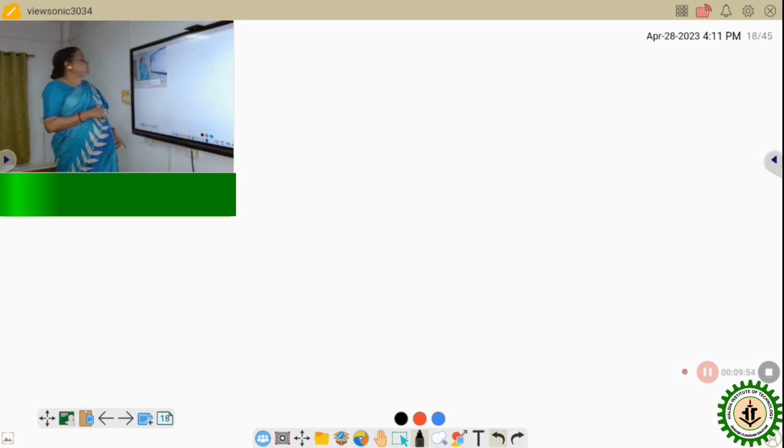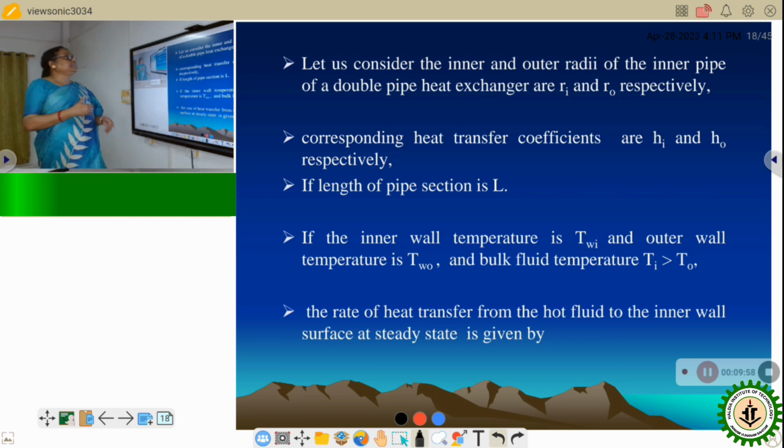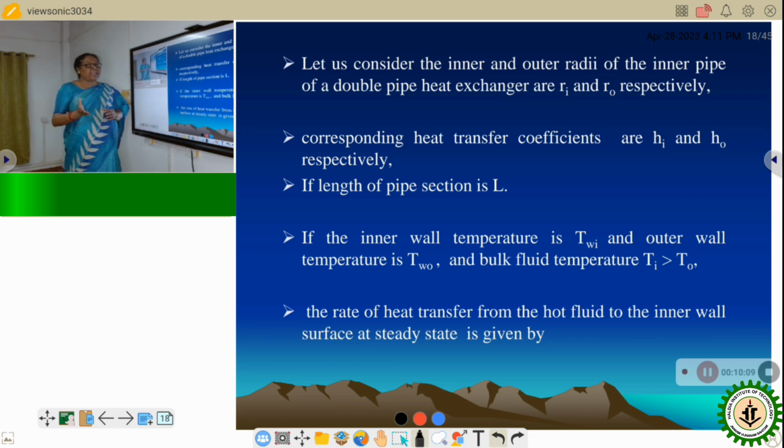From this picture, let us consider the inner and the outer radius of the inner pipe of a double pipe heat exchanger as small Ri and small Ro respectively. Corresponding heat transfer coefficients are Hi and Ho, the length of the pipe is capital L, the inner wall temperature is capital Twi, the outer wall temperature is capital Two, and the bulk fluid temperature Ti is greater than To.